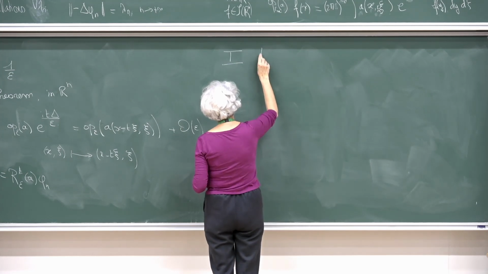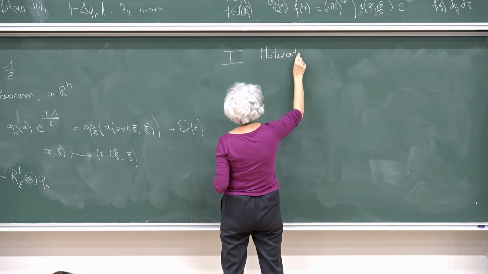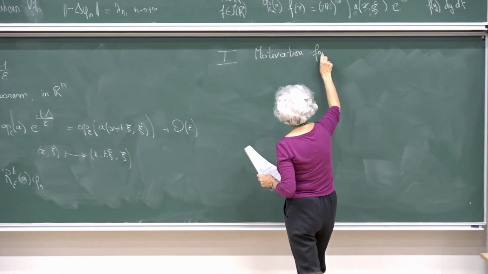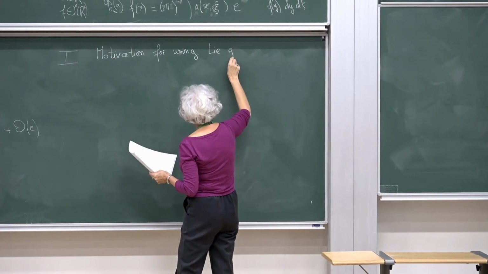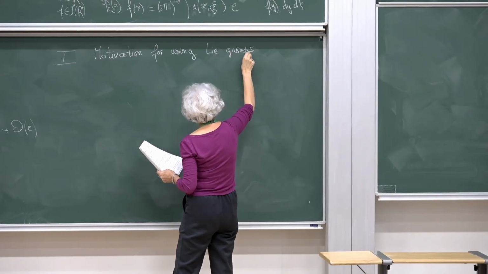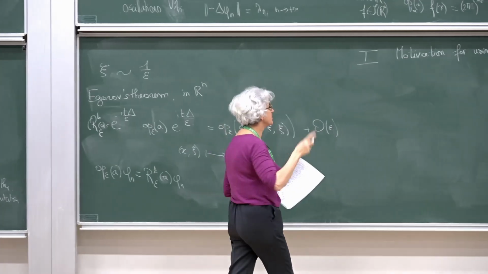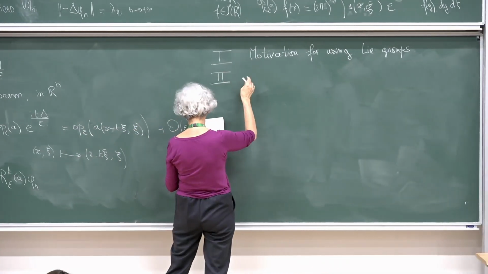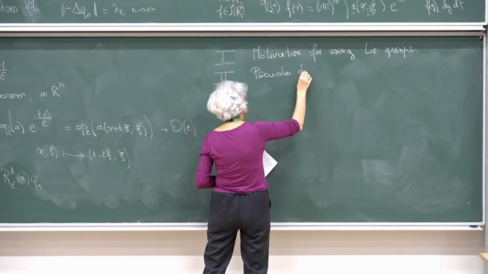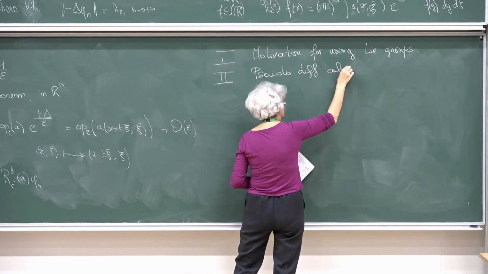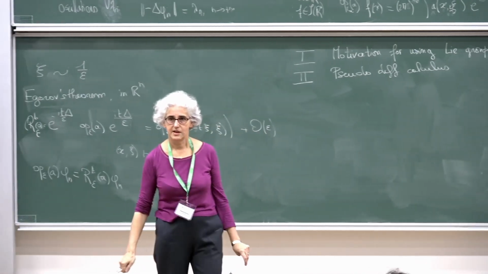I want to motivate the use of Lie groups. Motivation for using Lie groups. I mean, R^n is nice, why should we go somewhere else? And then my second part would be to explain the pseudo-differential calculus for this result.